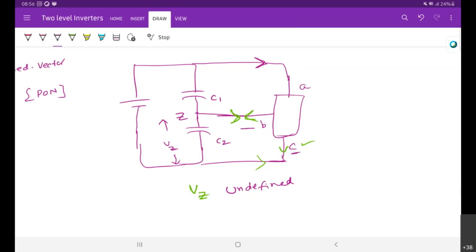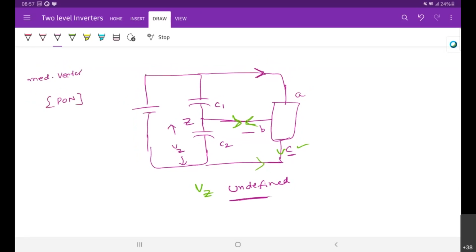So that means whether the capacitor is charging or discharging cannot be determined without knowing the magnitude of the C phase. So these vectors are undefined. Whether the neutral point is increasing or decreasing is undefined.